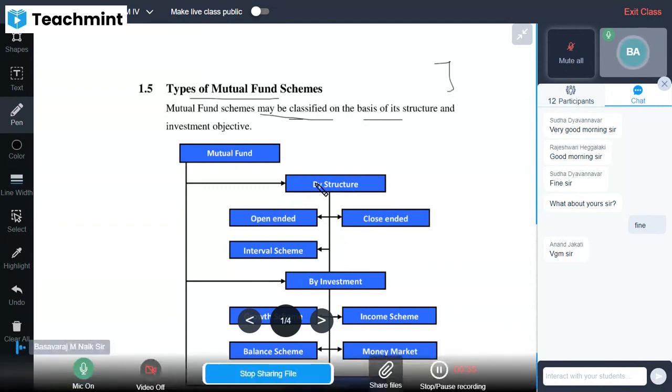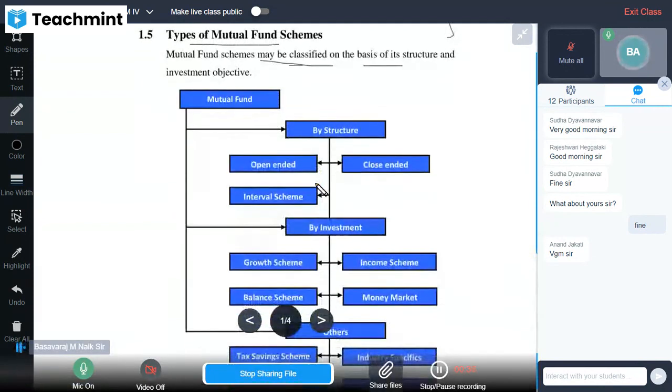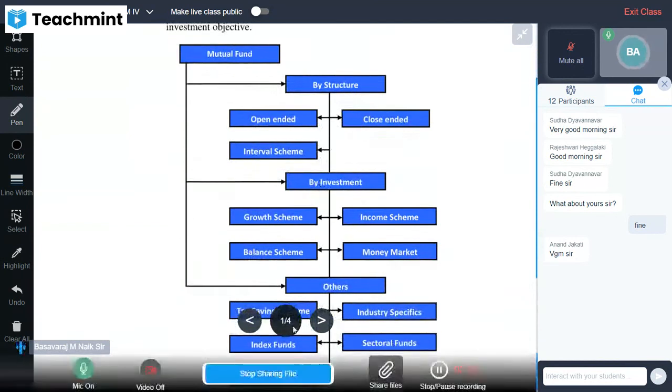We can understand in this flow chart how the mutual fund is structured and how it is classified. Mutual funds are classified by structure, by investment objectives, and others.